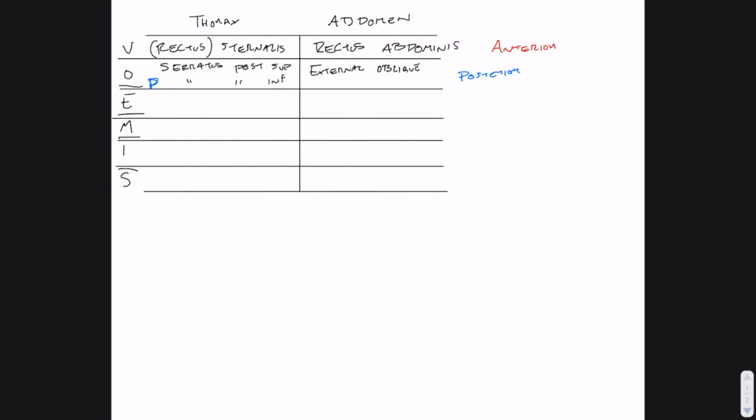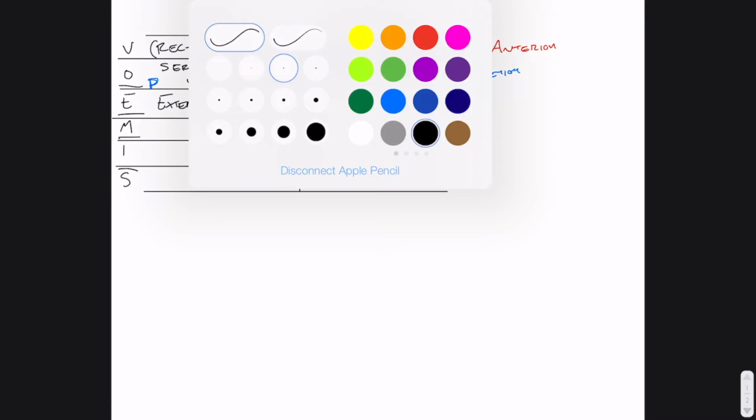The external layer in the thorax, so our E, we're going to have a muscle called the external intercostal. This muscle runs from our vertebral column up until kind of where the costal cartilages are, so they don't reach all the way to the sternum and cover the whole rib cage.